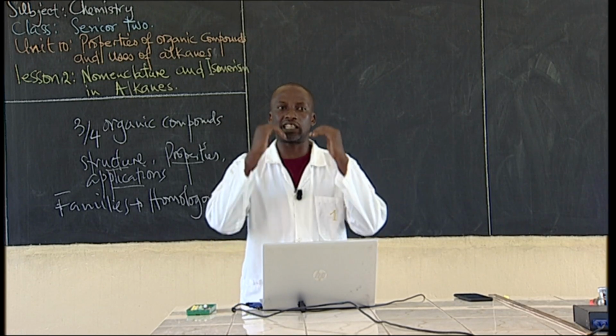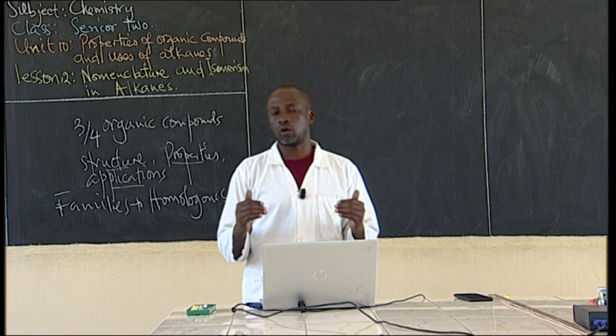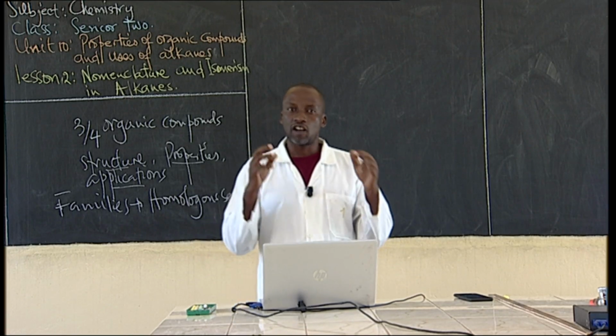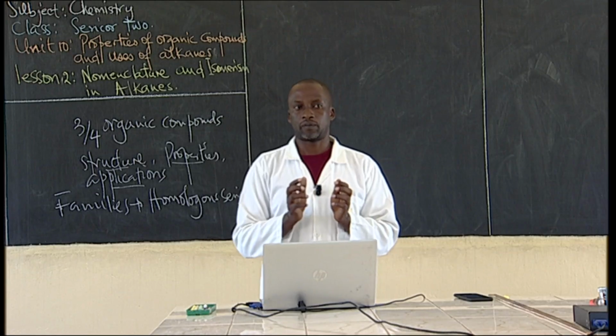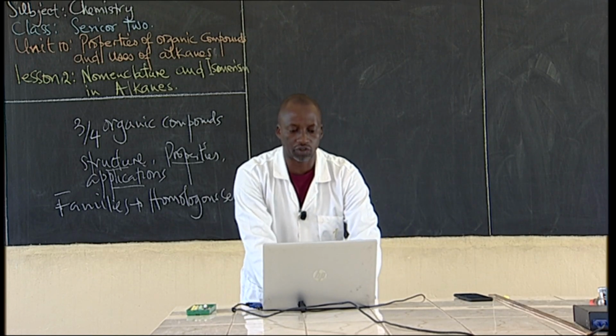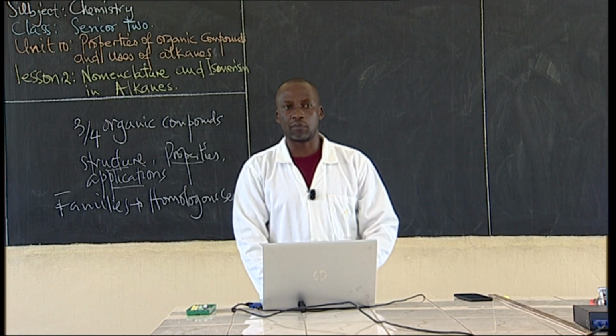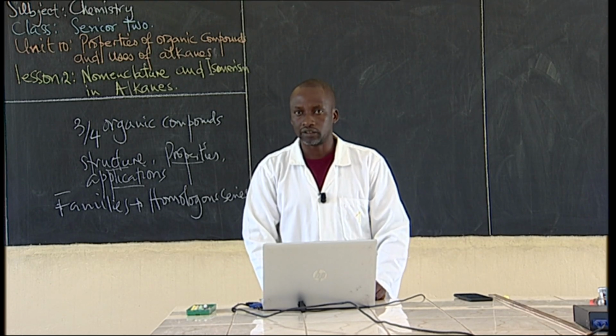So you'll find that these homologous series or families of compounds have got some similarity. And we need to note that the members of the homologous series are represented by the same general formula.